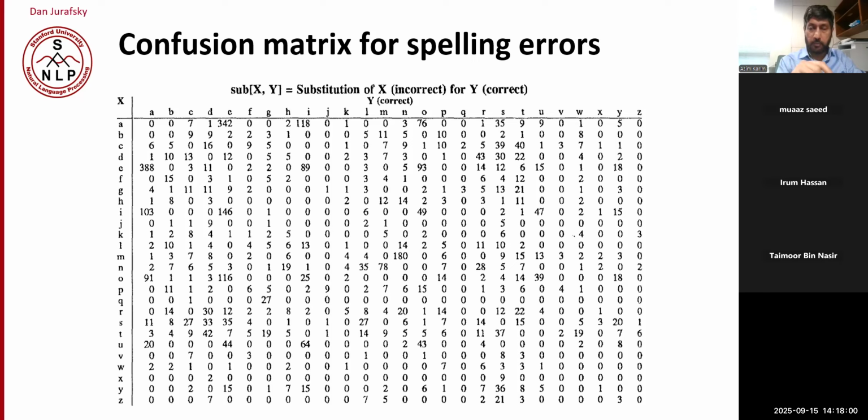But if you look at some other numbers, let's say a and p, for example, the value, if I remember correctly, is 9. So the likelihood is 9. This means you are less likely to misspell a with p.